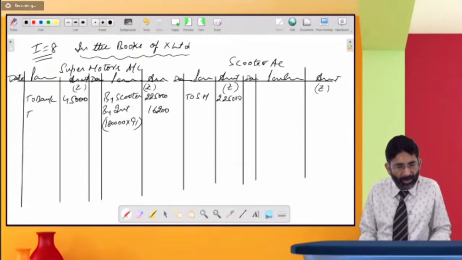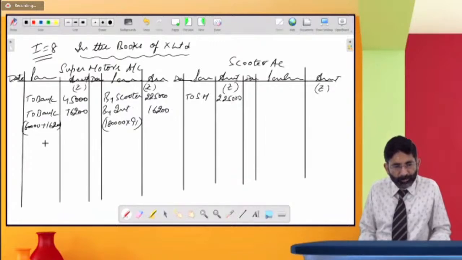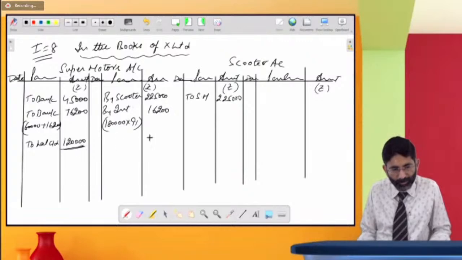So to bank, installment is paid 60,000 plus 16,200. It will be 76,200. Then to balance carried down, it is 1,20,000. Here depreciation will be charged.